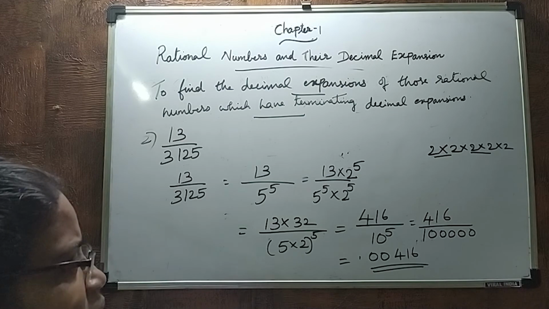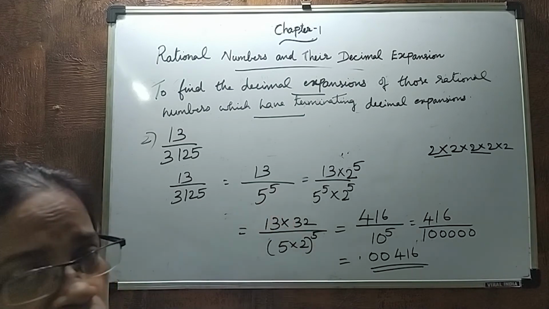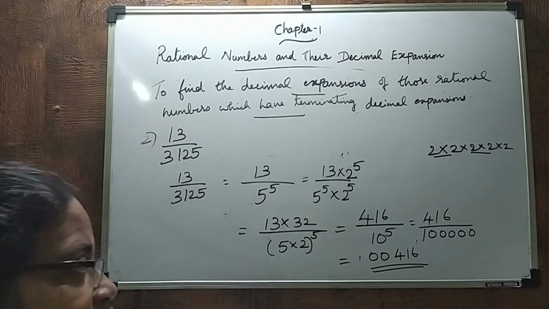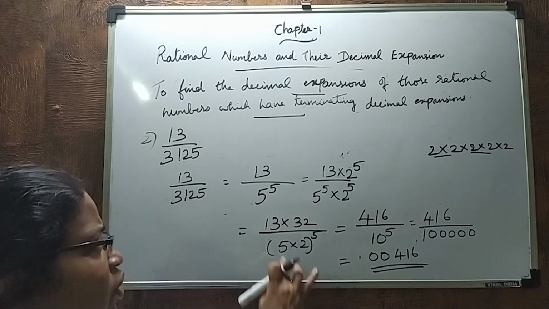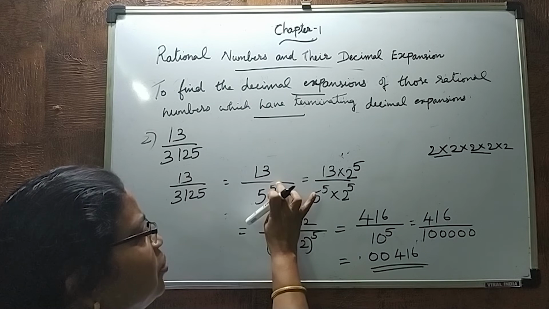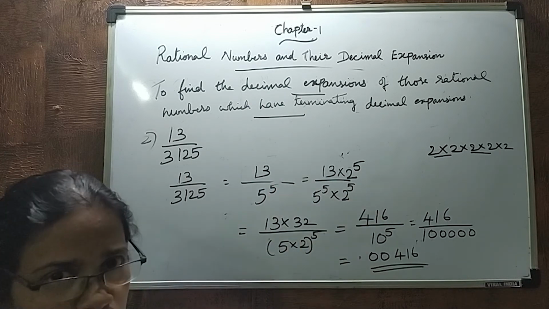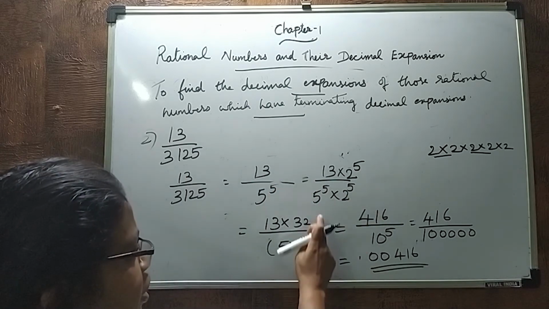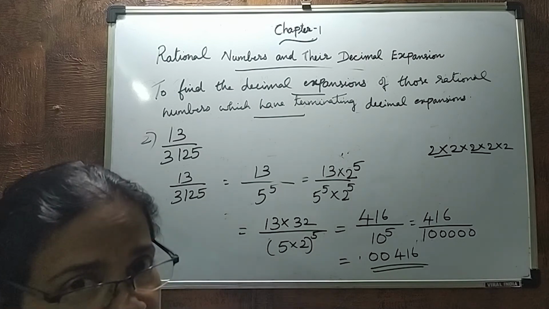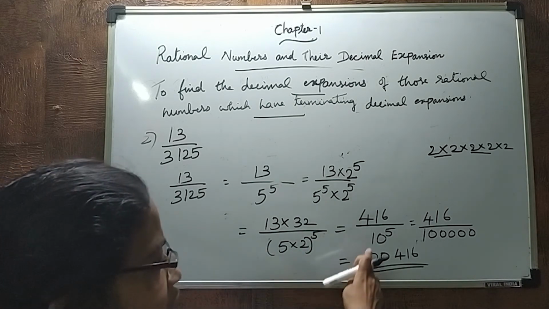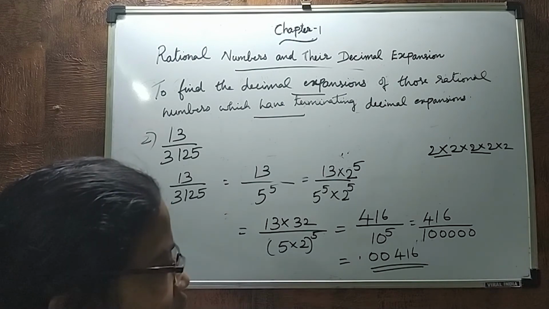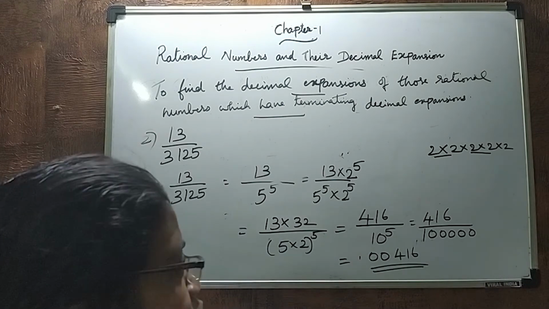If you want to find out the decimal, then what you have to do? The same exponent you have to write with this 2. Take it in the bracket and write the common exponent outside. Then 10 raised to 5 means you have to divide it, and you will get the answer like this. One more question we will do.